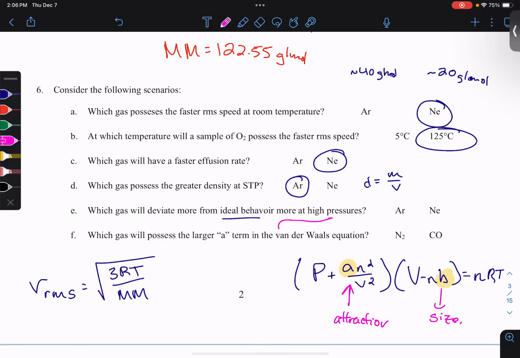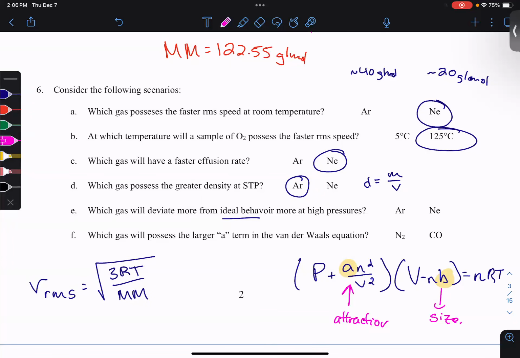At high pressures, there's going to be a ton of particles in a small space. That's how we get a high pressure. So at high pressures, the size of the particles starts to matter. So for which gas is going to deviate more from ideal behavior, we are looking for the substance whose particles are significant. Really, we're just looking for the larger gas particle here.